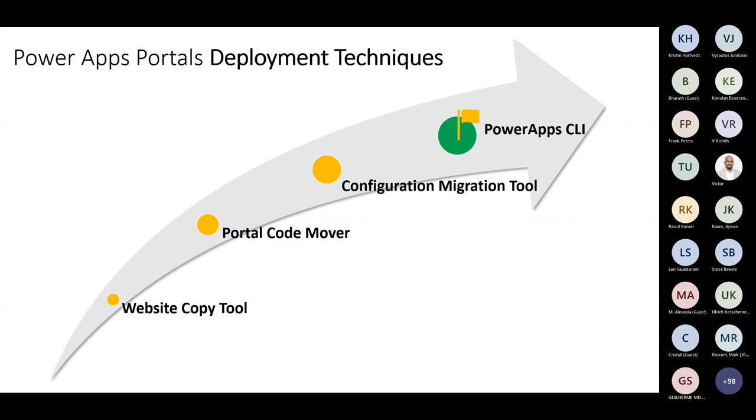Then we used to deploy our portal configuration using configuration migration tools as well. All these tools have their own limitations, right? But the Power Apps CLI, which is the most recent one, actually automates your deployment. Not only is it your development way of working, but it also automates your deployment as well, right? So this is the history of the deployment techniques, the different ways we had.